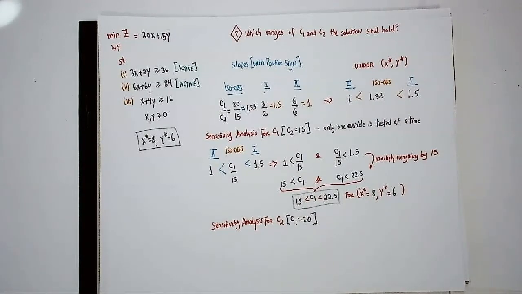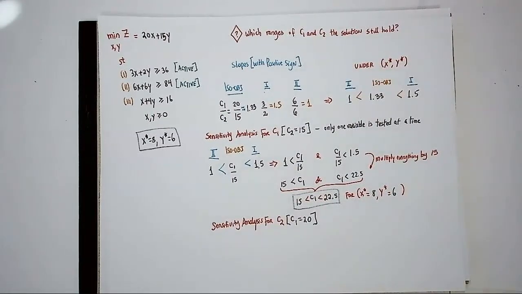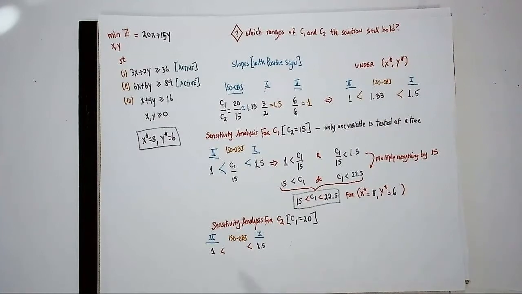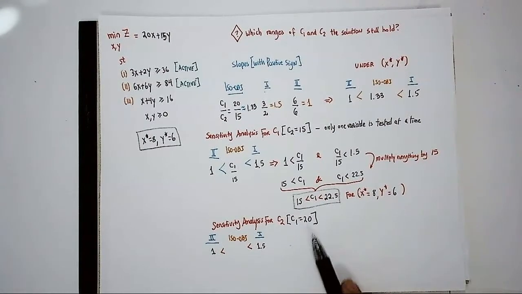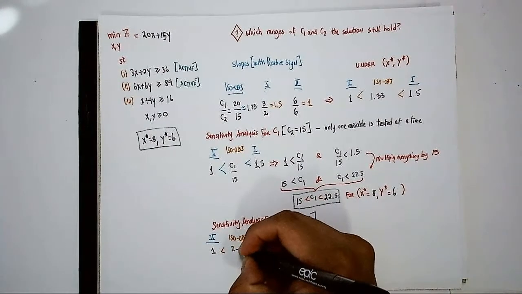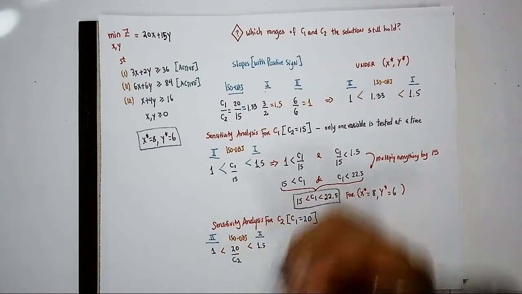We repeat once again this relationship here. The slope of the iso-objective is the coefficient of x, which is 20, divided by the coefficient of y, which is C2.